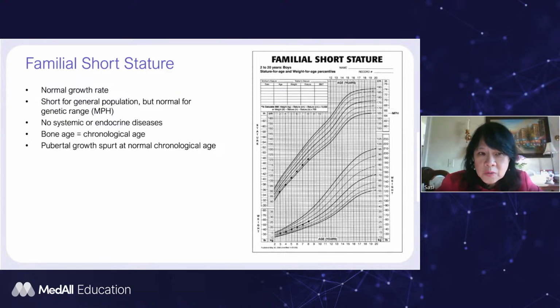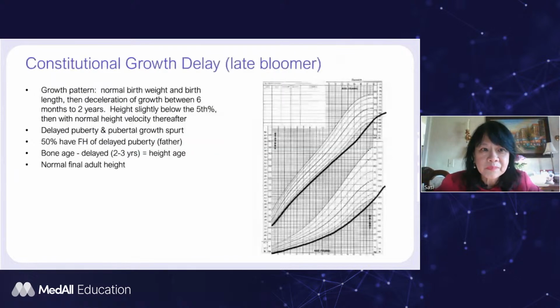And we have to make sure that there are no systemic or endocrine causes to explain short stature. And if we do a hand X-ray for bone age assessment, very commonly the bone age is the same as chronological age. And these children with familial short stature tend to have a normal timing of puberty. So they will go through puberty at a normal time because they have normal bone age.